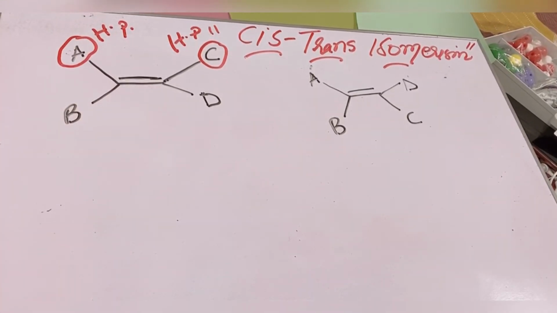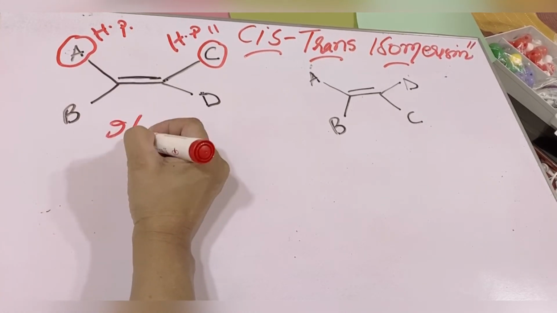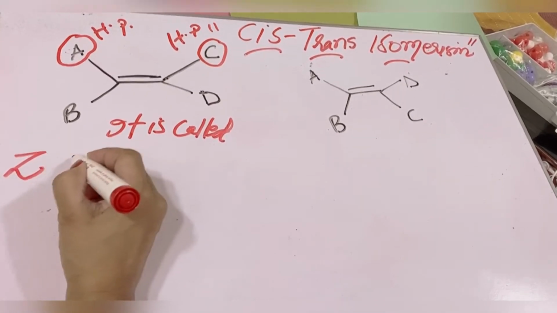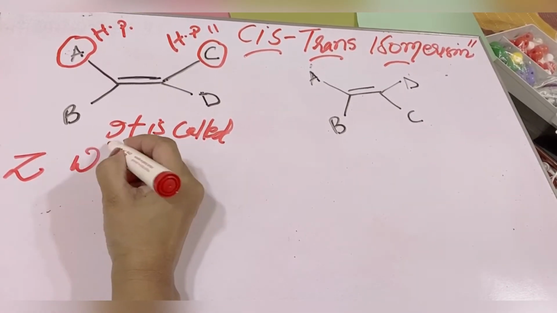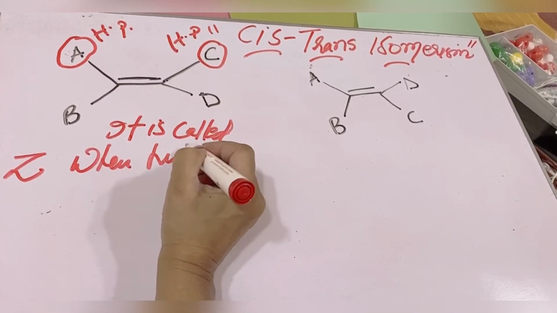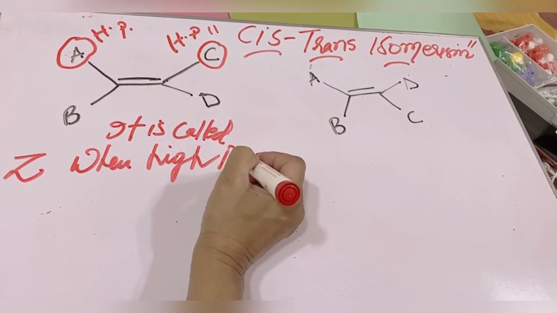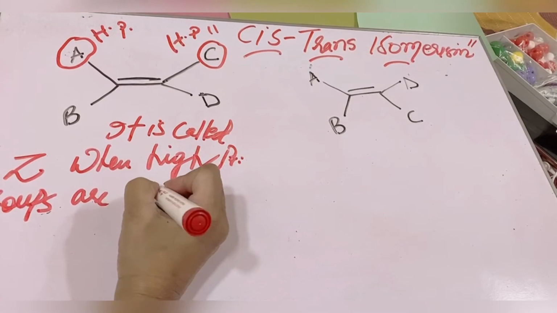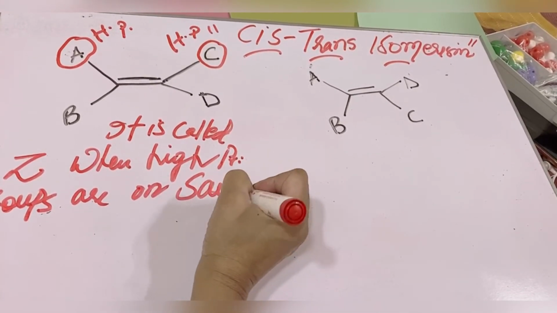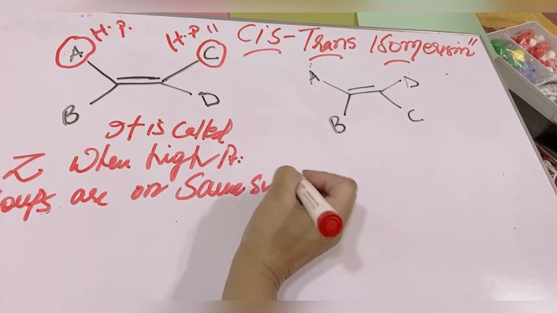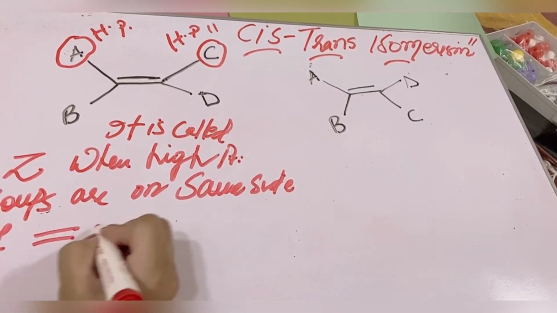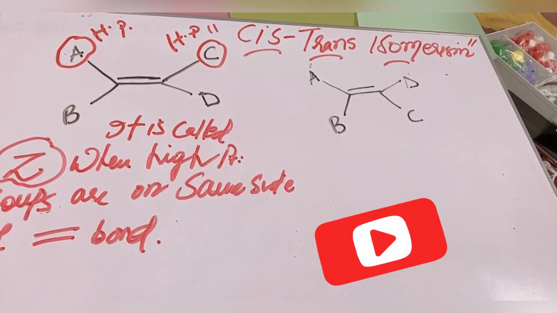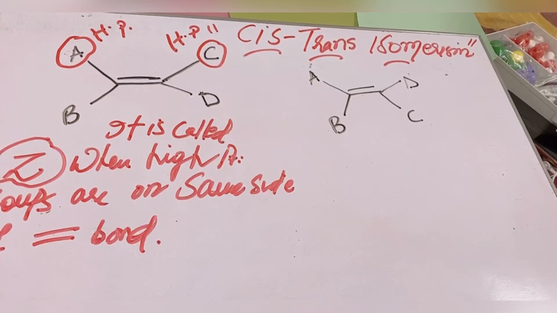So it is called Z. When high priority groups are on the same side of the double bond, that's it, right? This is called the Z form, right?